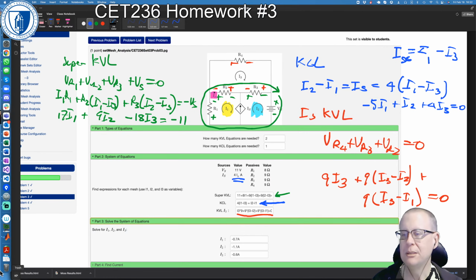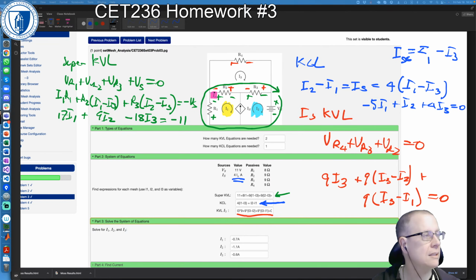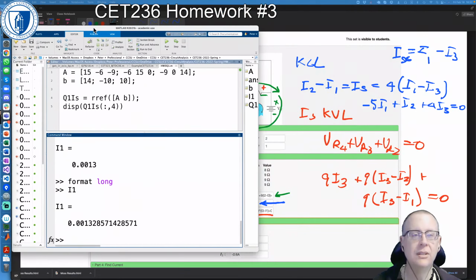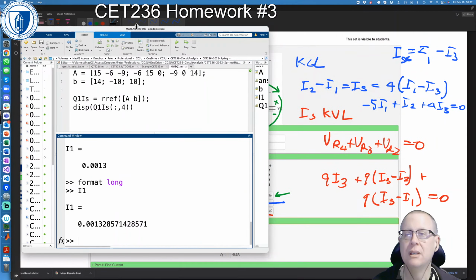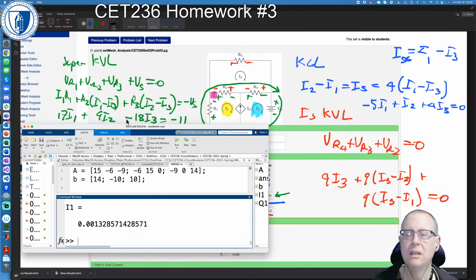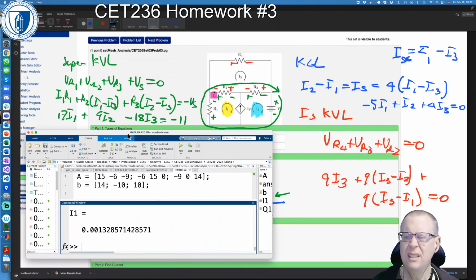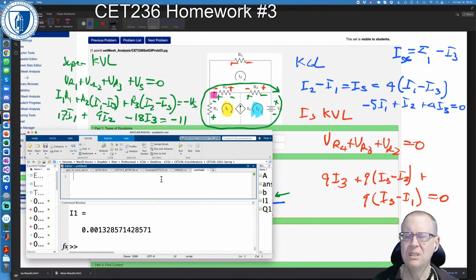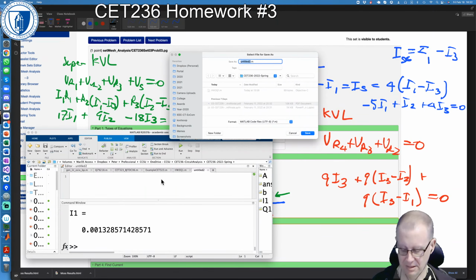And now we should be able to fire up MATLAB again and put those numbers in. So let's just do another one. And this is going to be homework 3 Q3.